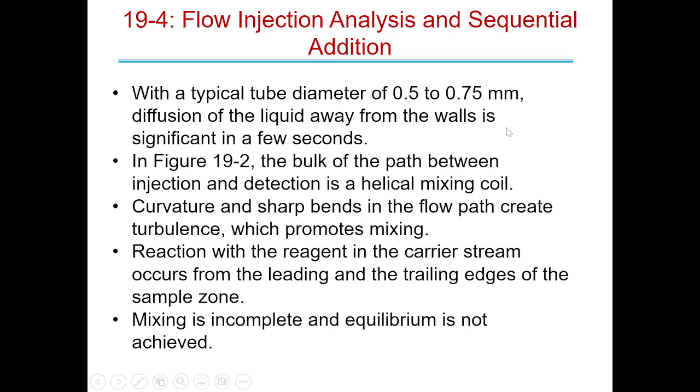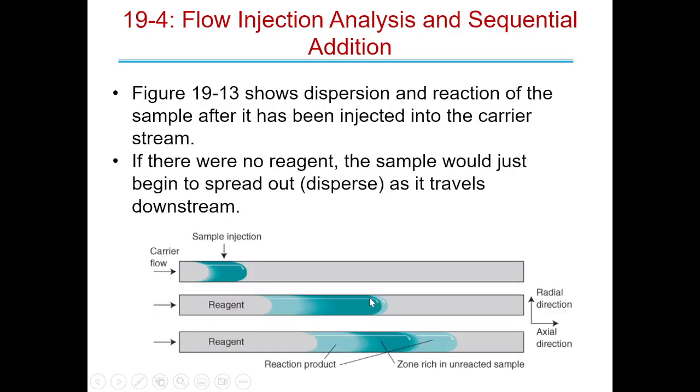Diffusion of the liquid away from the walls is significant in a few seconds. So what essentially happens here is things roll off onto the walls, they get stuck there, and they diffuse back in, okay? And that's why you get this bloom in the back, actually. It's not that the stuff in the back is reacting, right?